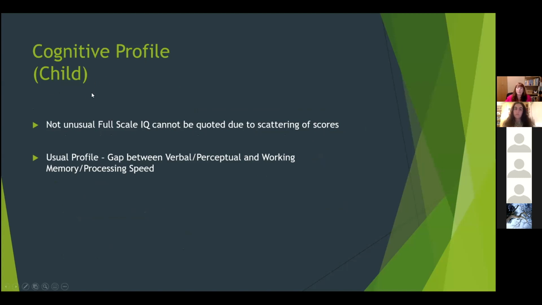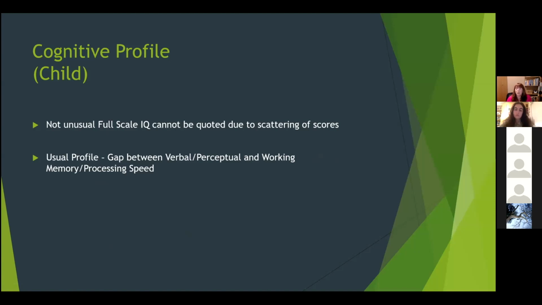Cognitive profile. So again, with children, we would generally do a cognitive assessment, and what we're trying to see here is the overall profile and any inconsistencies, or what we might expect to see for a child who may end up with a diagnosis of autism, or a child who may not. A lot of the time, it's not unusual that the full scale IQ can't be quoted because of the variety in the different scores.